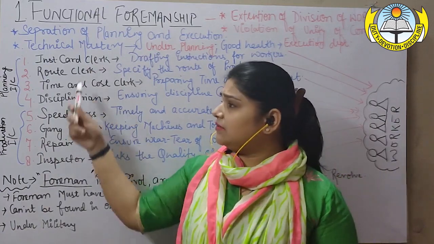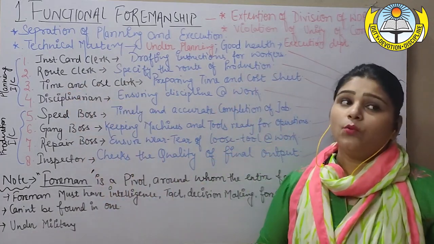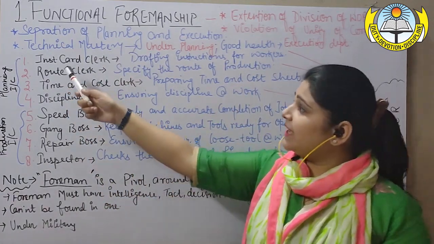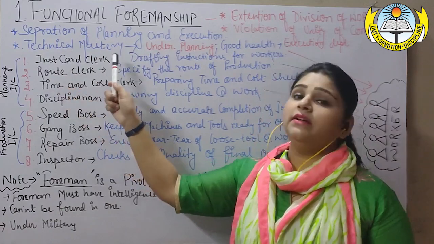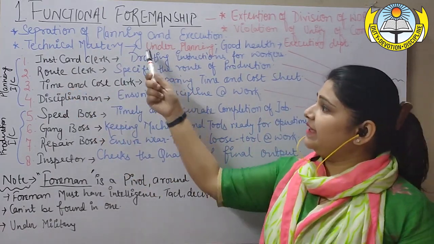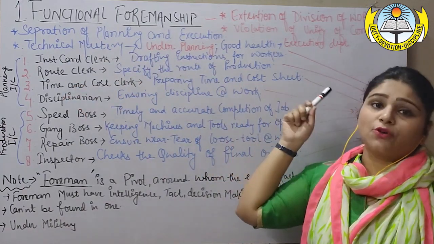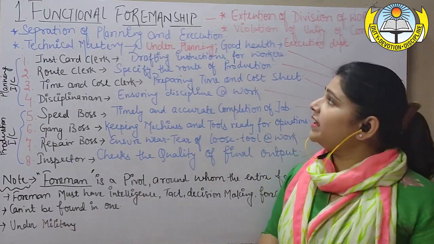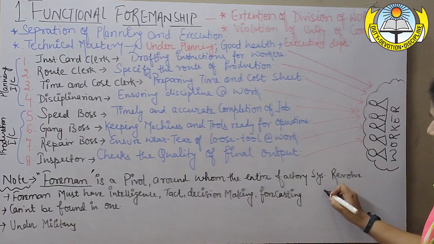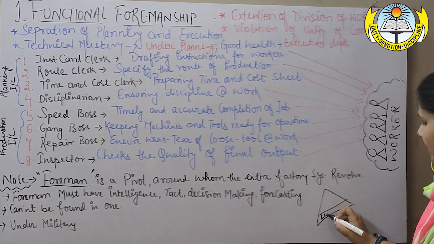Now let us see what the work of all of them is. If you see the instruction card clerk, what does he do? The name suggests instruction card clerk, which means your work is to draft the instructions. So similarly, the instruction card clerk drafts the instructions for the worker. If you remember the managerial hierarchy discussed, the foremen belong to the lower level.